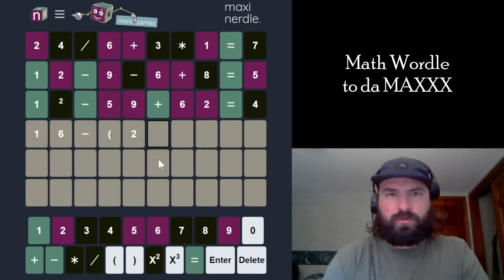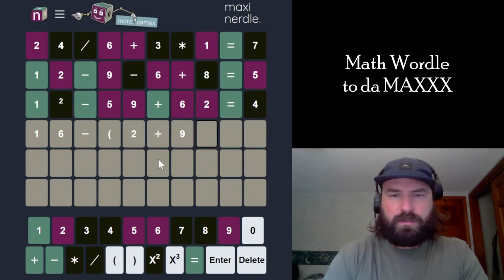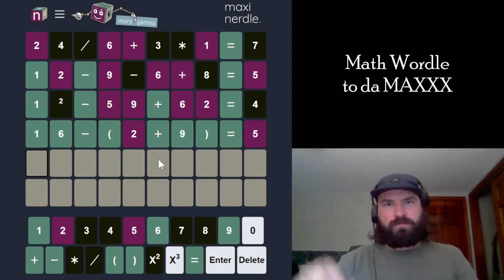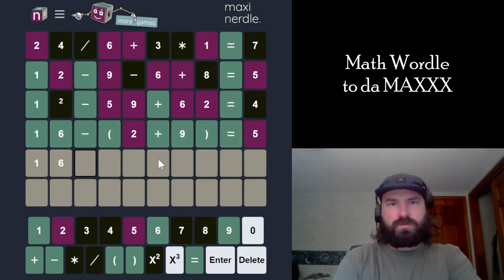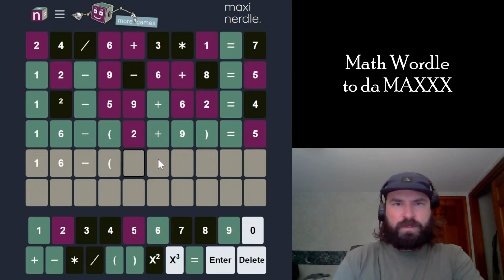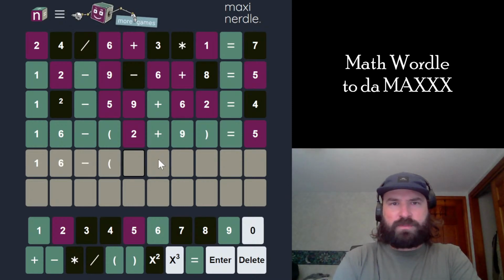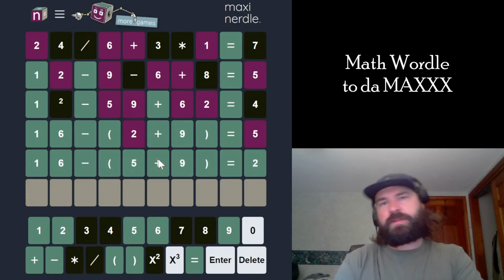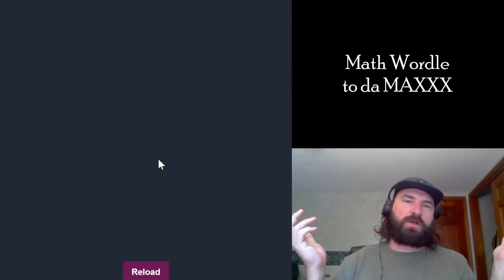Okay. 2 plus 9 equals 5. Okay. Cool. Just reverse those two. Interesting. So, sort of unnecessary parentheses, you know. Don't really need those there when there's no order of operations to speak of, but it is an equation. You know, it's definitely an equation, and that's all Maxi Nerdle will do. We got through it. There it is. Thanks for watching. Catch you later.